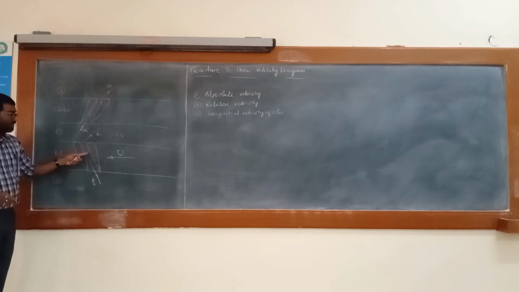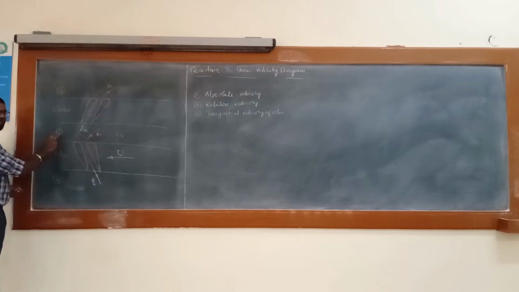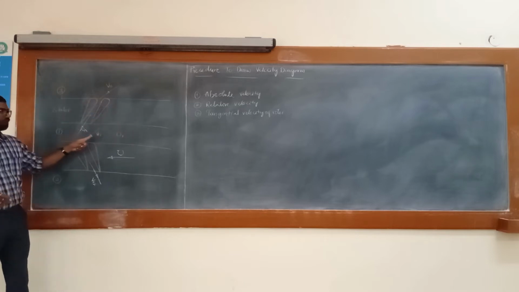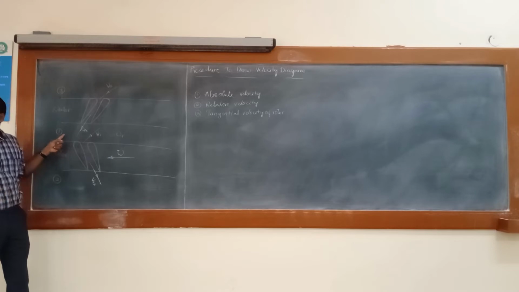At this location, we get all three velocity components: absolute velocity, relative velocity, and the tangential velocity of the rotor. So we can draw the velocity triangle at location 1.